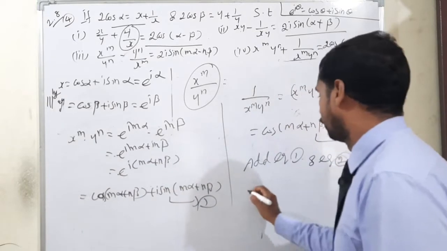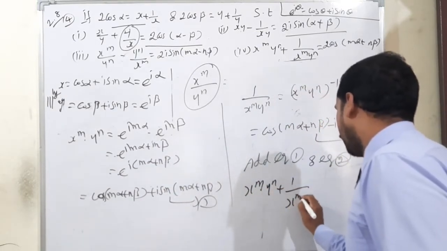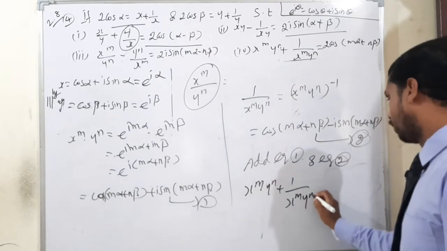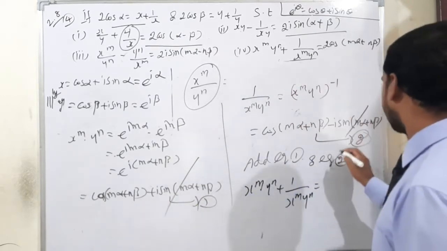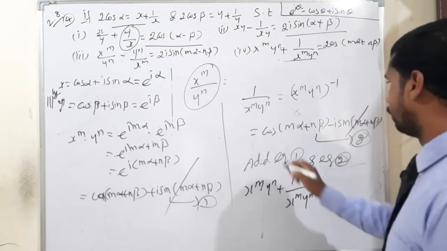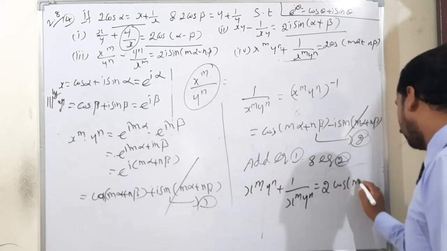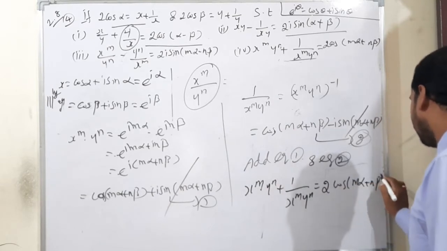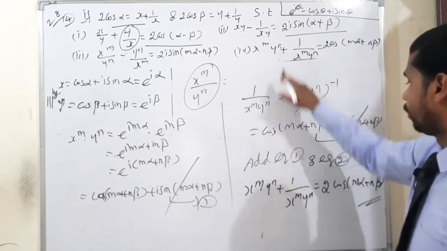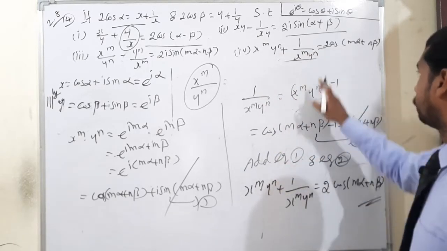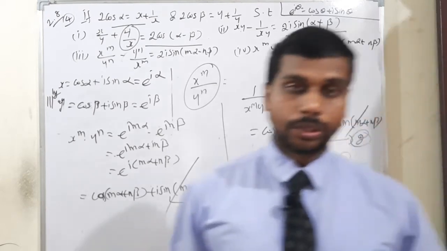First one x to the power m into y to the power n plus 1 divided by x to the power m into y to the power n is equal to, plus i sin and minus i sin of m alpha plus n beta cancel, and cos plus cos means 2 cos of m alpha plus n beta. So x to the power m into y to the power n plus 1 by x to the power m into y to the power n is equal to 2 cos of m alpha plus n beta. Okay, the fourth condition is also clear.